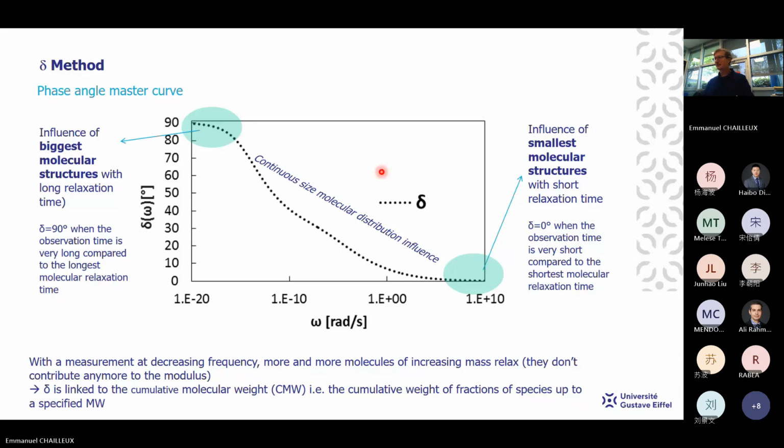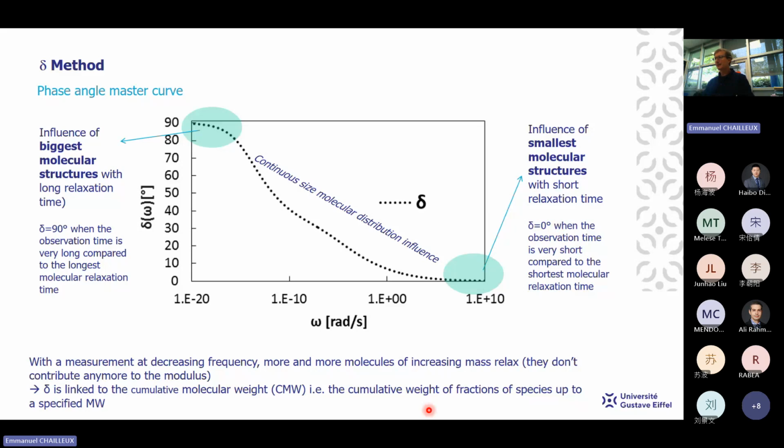At the opposite, in the low temperature domain or the high frequency domain, we are very strongly influenced by the smallest molecular structures, which have short relaxation times. So we can say that the phase angle reaches 0 degrees when the observation time is very short compared to the shortest molecular relaxation time.